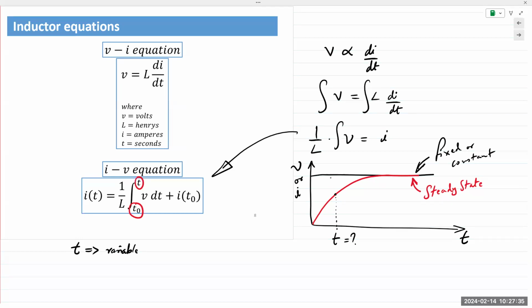Not literally the beginning of time, but it's simply the point in time at which you begin your analysis.